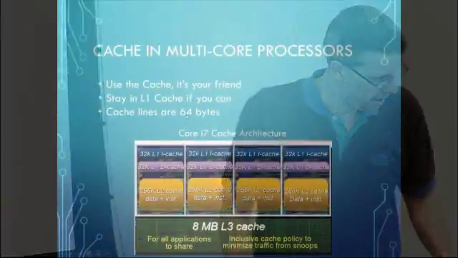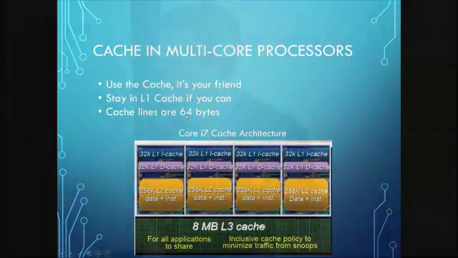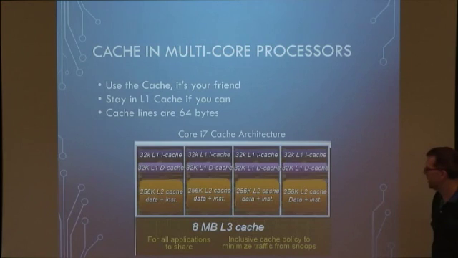Here's a diagram of an i7. Actually, this is i7 cache architecture. So the i7s have L1 cache that's split into instruction and data cache, 32K of each. Then you go to L2 cache, which is data and instruction combined, 256K.